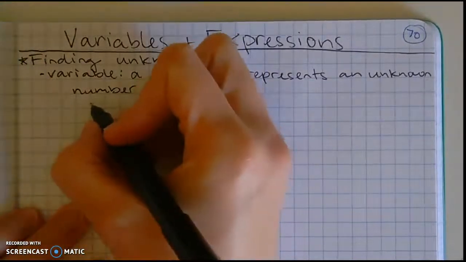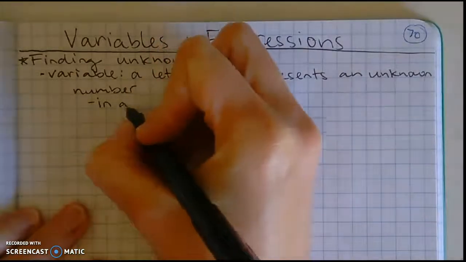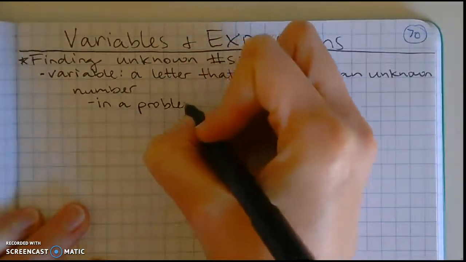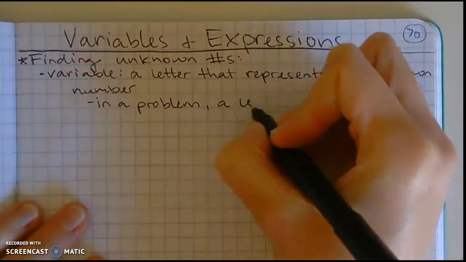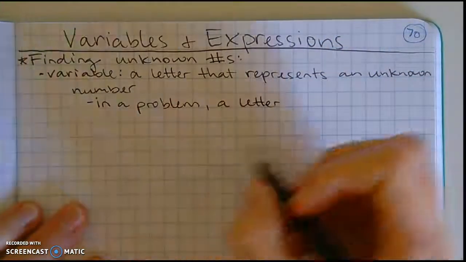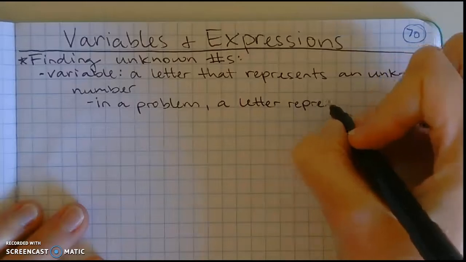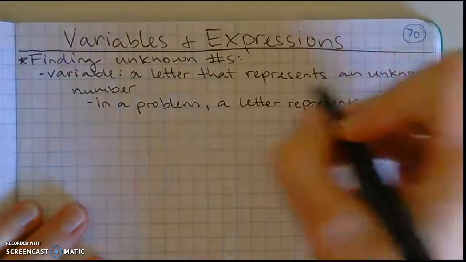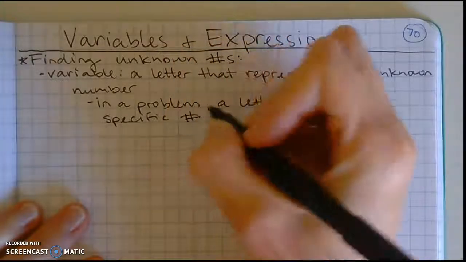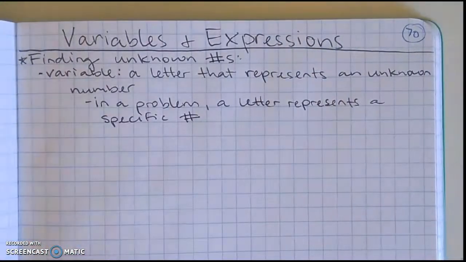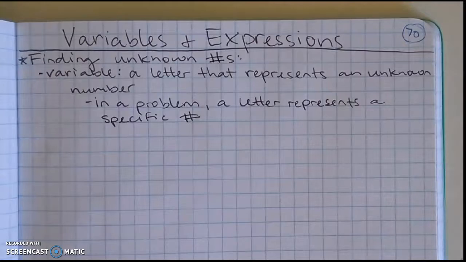So in a problem, what does this look like? So in a problem, a letter represents a specific number. Okay, so something to keep in mind, while it does represent a specific number, in that problem, the letter represents the same number each time.